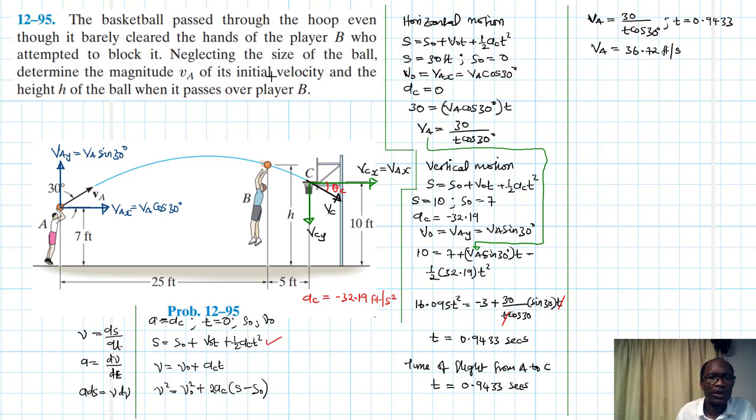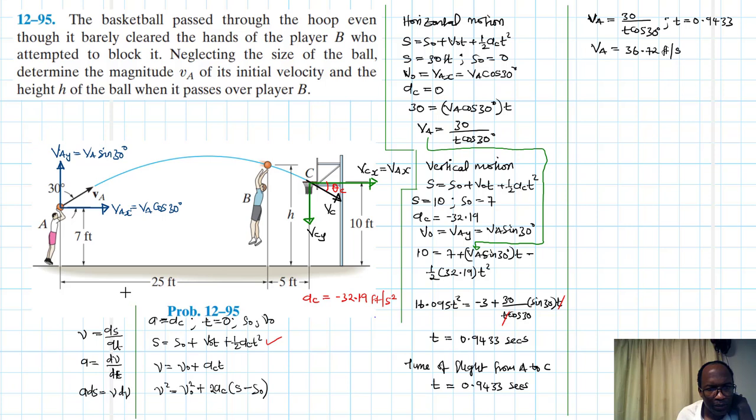Alright, what else do we need? We want H. So for us to find H, we have VA. Which equation can we use? Okay, so we can use this equation here.